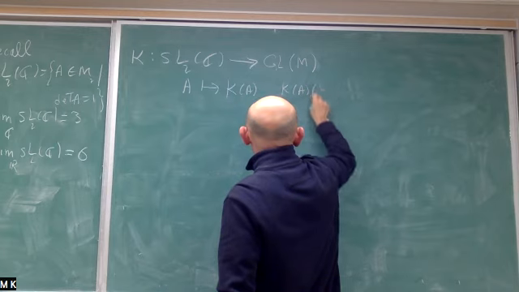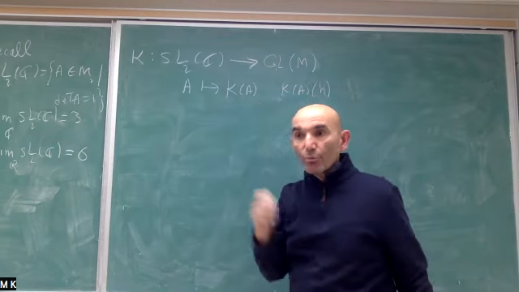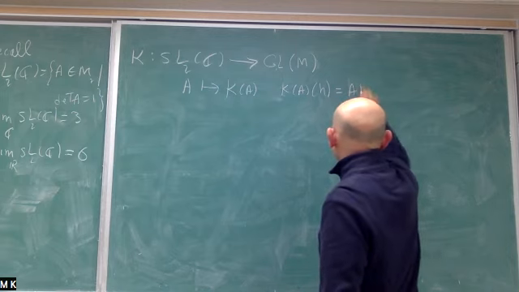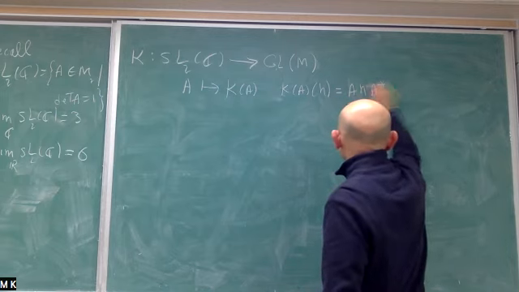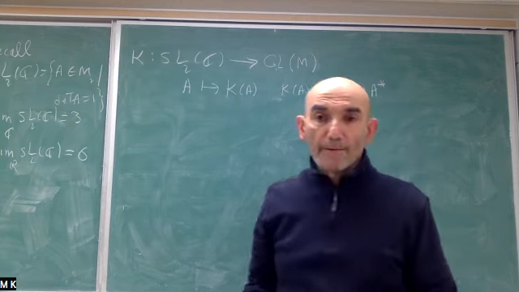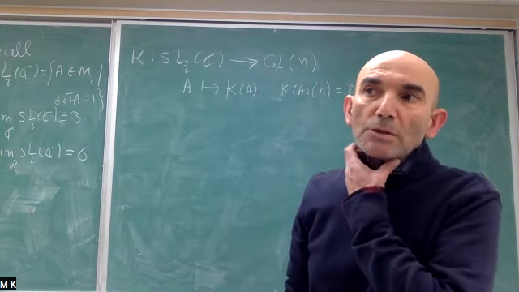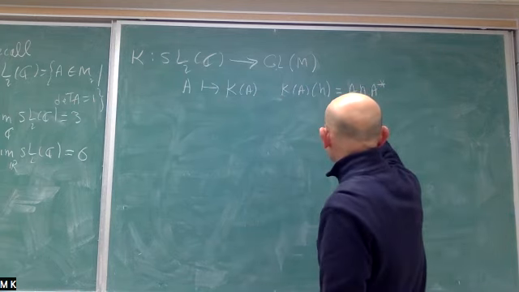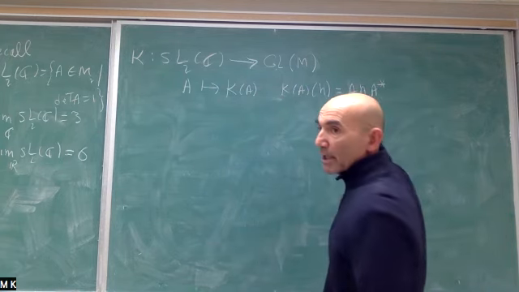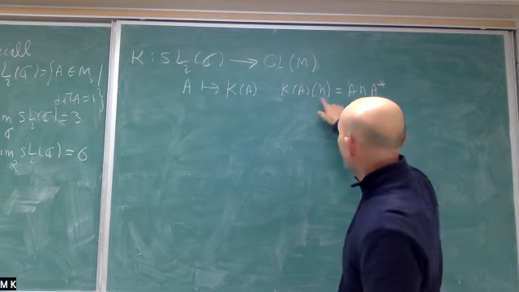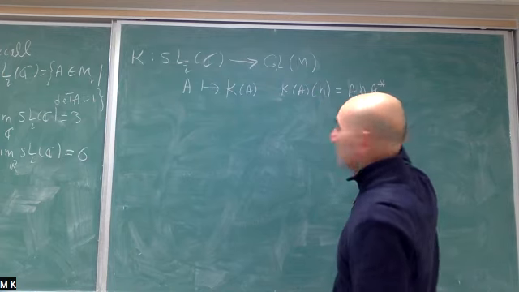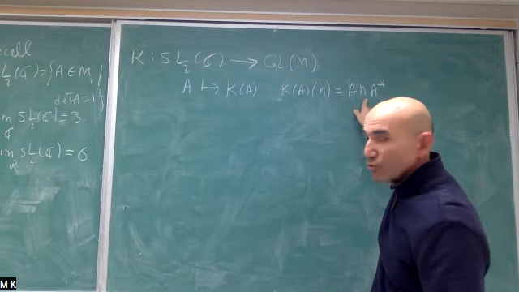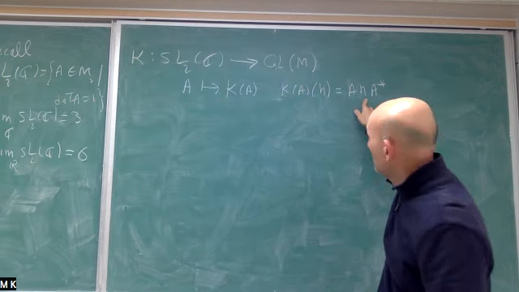K of A, if you give me a Hermitian 2x2 matrix H, it's going to be A H A star. First of all, we have to note that this goes in the right place: if H is Hermitian, then by design this is a Hermitian matrix. And it's one-to-one onto, that's not a problem.